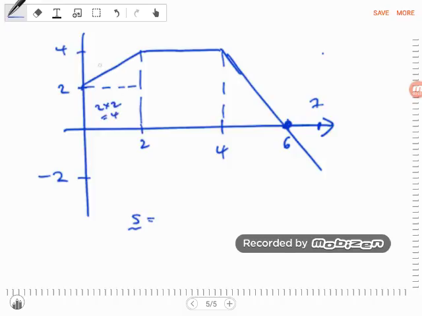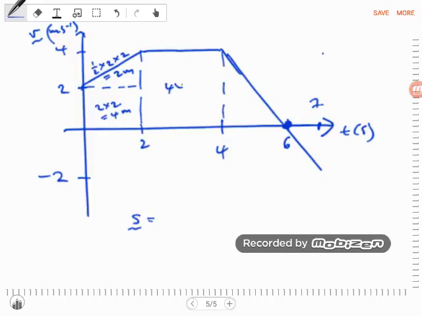Here we've got a triangle, so it's a half times the base 2 times the height 2, which gives 2. This of course is all in meters, since we've got the velocity in meters per second versus time in seconds. So 4 meters and 2 meters.